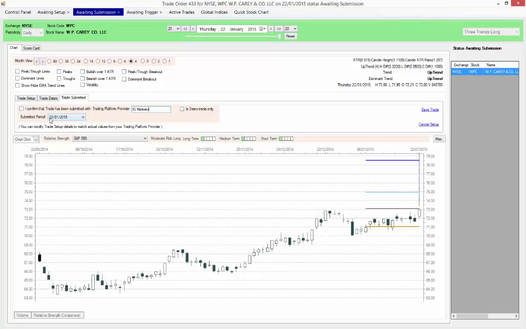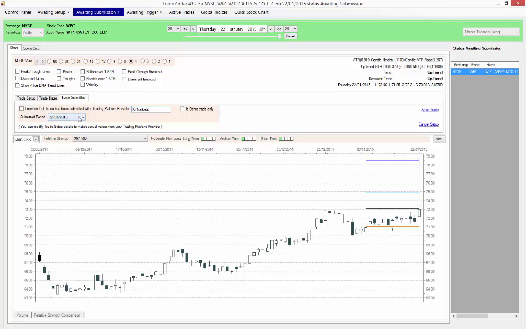The submitted period relates to the period on the chart at which we've entered it into the system. Now, we've got shown to us here that first target, the second reward target, our risk stop, and the dotted vertical line showing us the candle for the period of the 22nd of January that we're going to enter it into our trading platform.